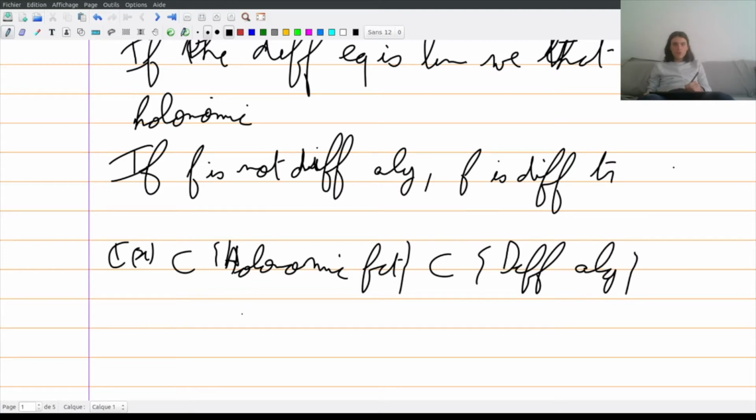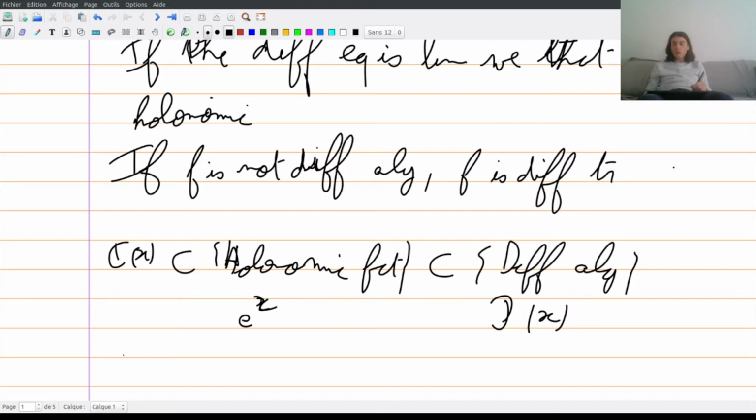So for instance, in the set of holonomic functions, you have exponential of x, and one example of a differentially algebraic function is the Weierstrass function. So using difference Galois theory, it has been proved that there are very few elements that are in fact differentially algebraic.